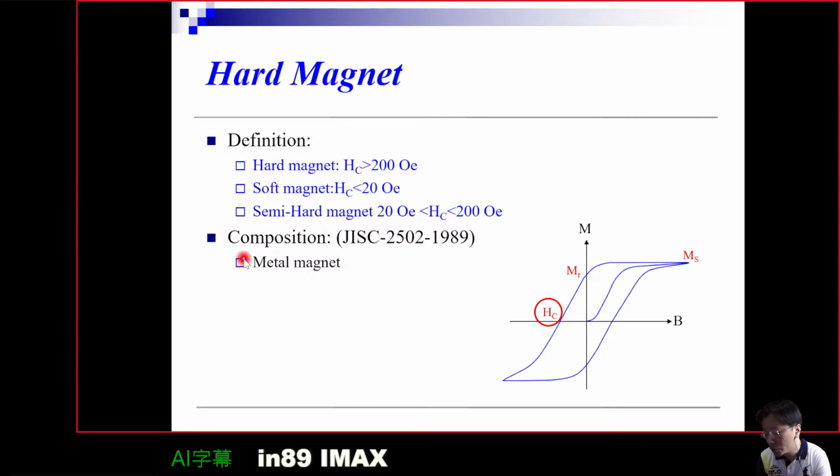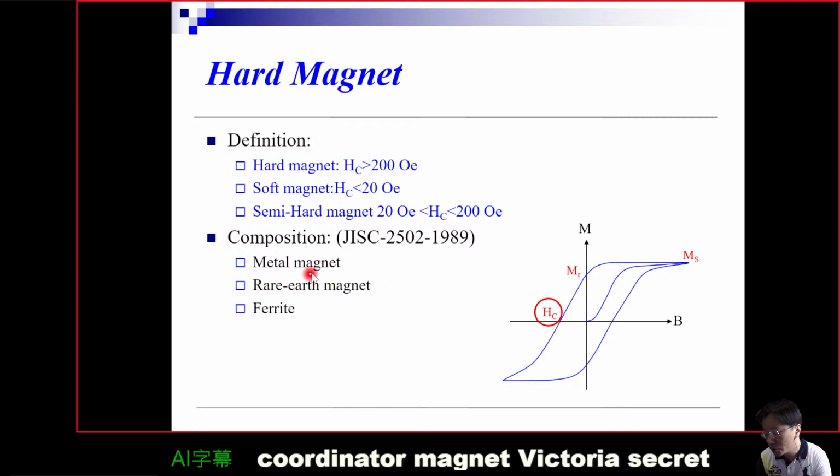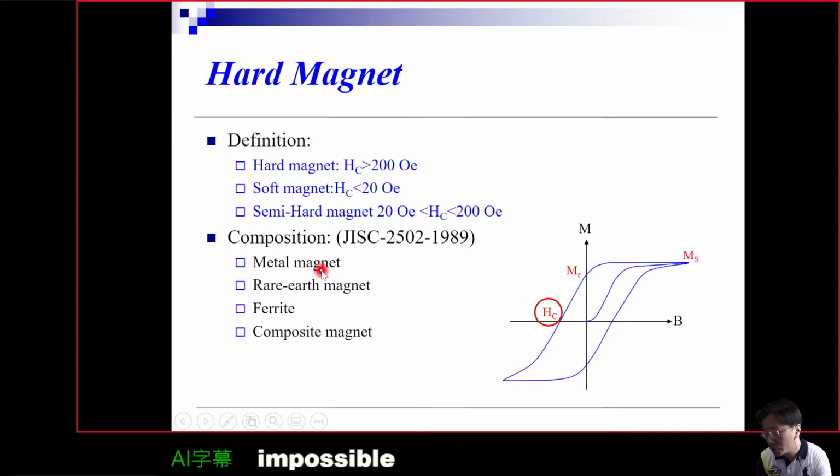The first one we call the metal magnet. The second one is called a rare earth magnet. The third one is called ferrite. The fourth one is the composite magnet. So we have the 4 categories of the hard magnet.